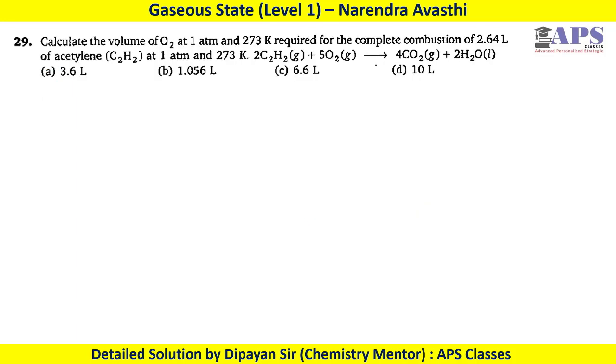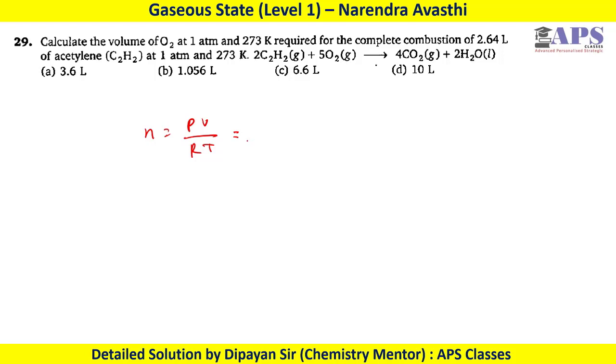In question number 29, calculate the volume of oxygen at 1 atm and 273 Kelvin required to complete the combustion of 2.64 liter of acetylene at 1 atm and 273 Kelvin. So we can calculate the number of moles here, like PV by RT.